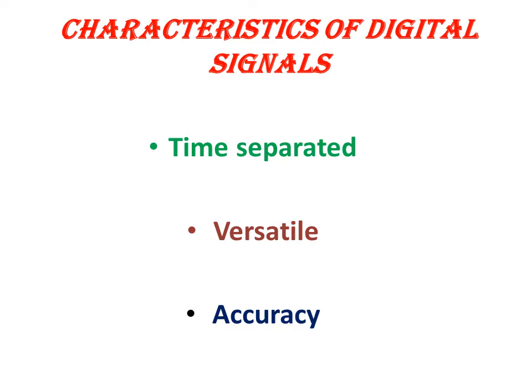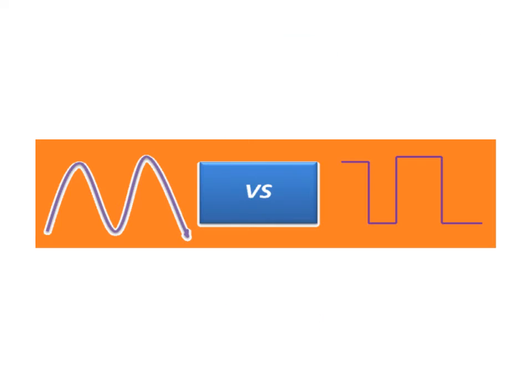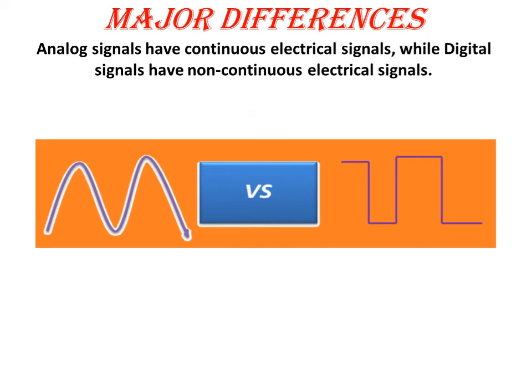Once we have studied what is an analog signal, what is a digital signal, and what are the characteristics of analog and digital, let us take a quick review. What are the major differences, or you can say the key differences, between these two? An analog signal is a continuous signal, whereas digital signals are time separated signals.